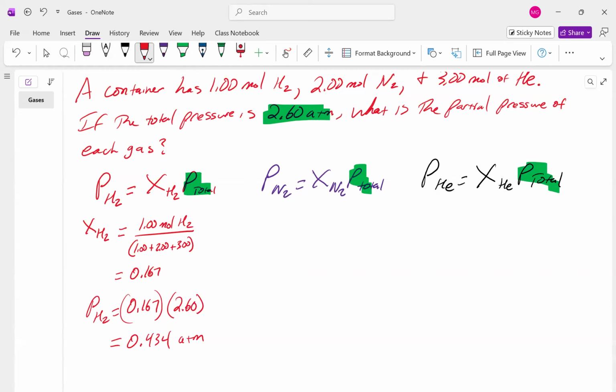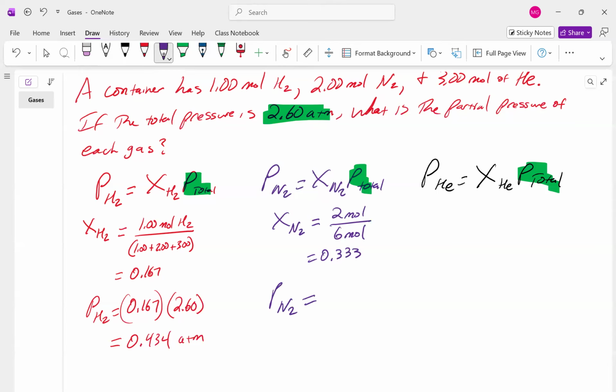Okay, so now let's move on to nitrogen. Again, I'm going to find the mole fraction of nitrogen. Actually, no, I'm sorry, we have 2 moles of nitrogen over the total moles, which is 6. So that is 0.333.